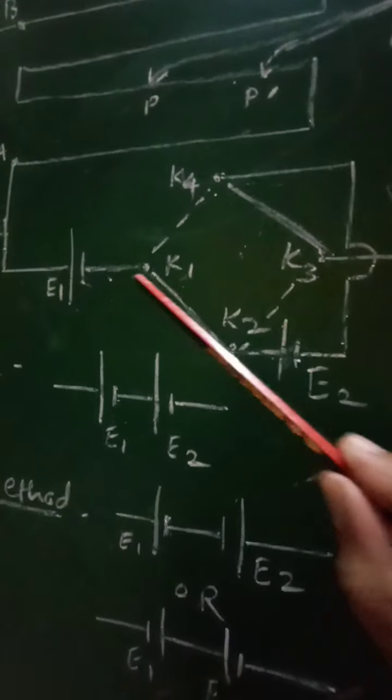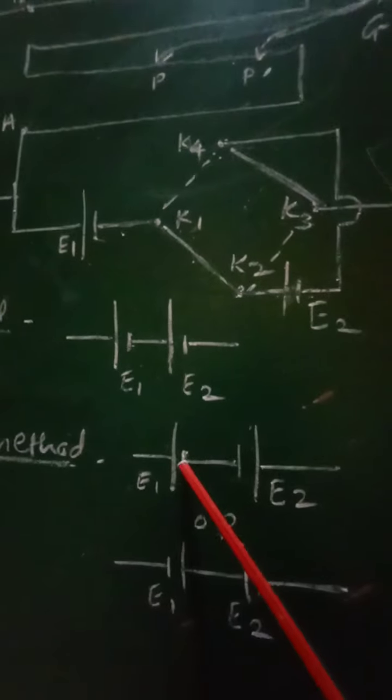Then it will pass along this path and enter into E2 like this. In this case the negative terminal of cell E1 will be connected to the negative terminal of cell E2. So negative terminal is connected to negative terminal, and therefore the cells will be connected by the difference method.